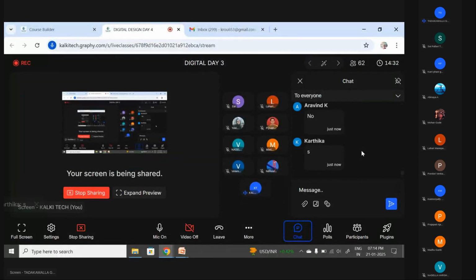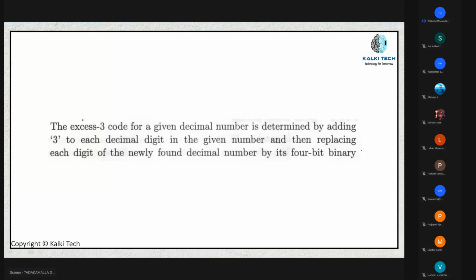The next type of code is XS3 code. The XS3 code for a decimal number is determined by adding 3 to each decimal digit in a given number and then replacing each digit of the newly found decimal number by its 4-bit binary. Let's say you want to represent the XS3 code for the decimal number 0.